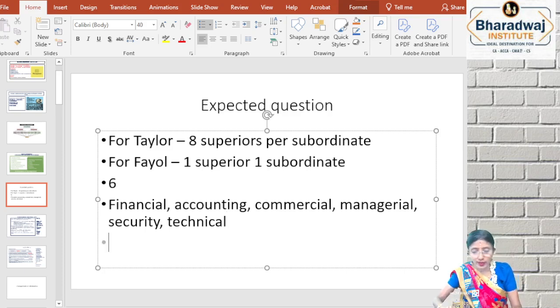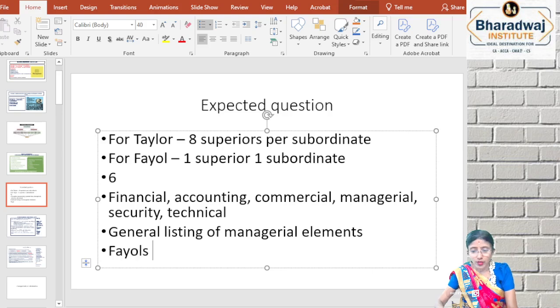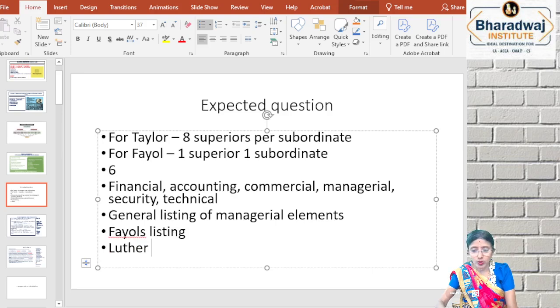So, general listing of managerial functions, or managerial elements. Fayol's listing, Luther Gulick's listing.